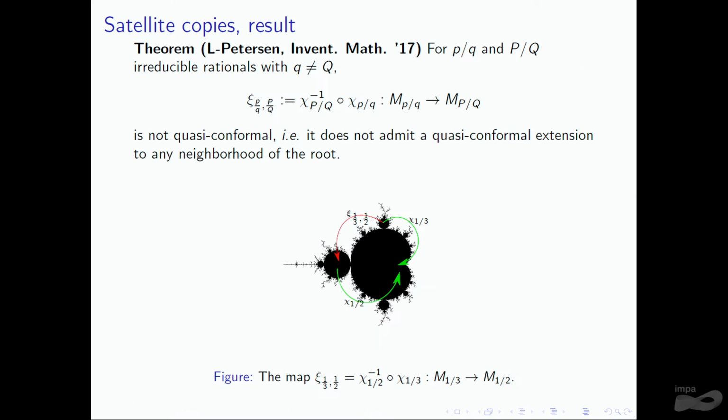We were trying to prove that it was quasi-conformal, actually, thinking the conditions would be this and this and so on. And we realized that if the period is different, then your map cannot extend quasi-conformally to any neighborhood of the root.